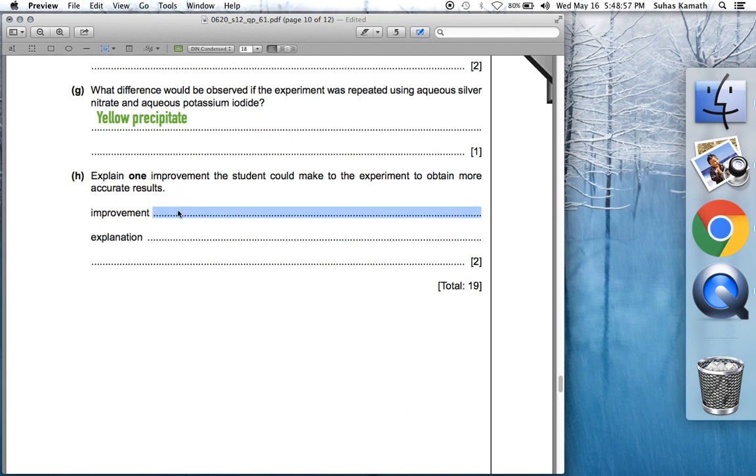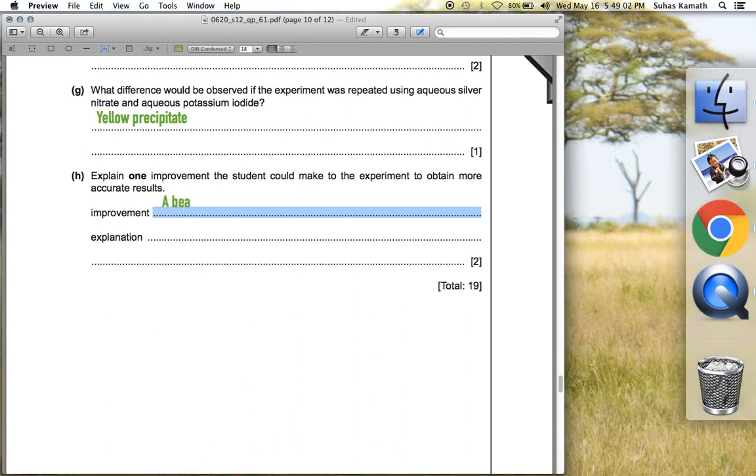Yes, so improvement: a burette or a pipette is used in place of a measuring cylinder.